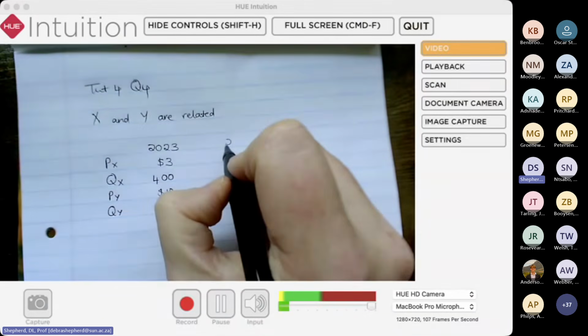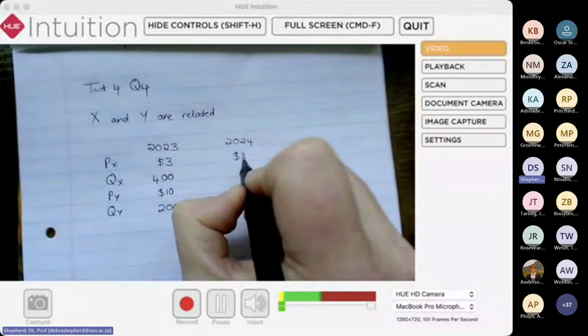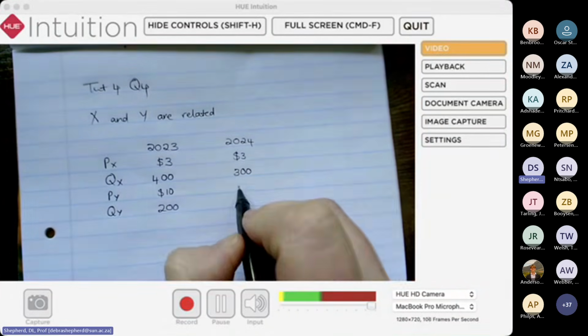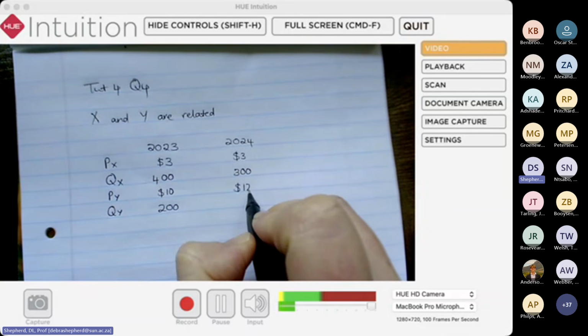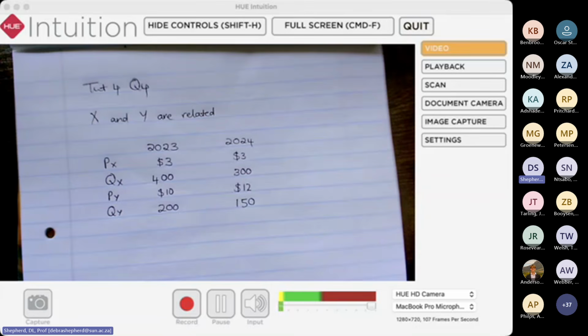In 2024, X still cost $3, but only 300 units were sold. Y cost $12 and 150 units were sold. Okay, the question then asks for the cross-price elasticity of demand for X with respect to Y in 2023.